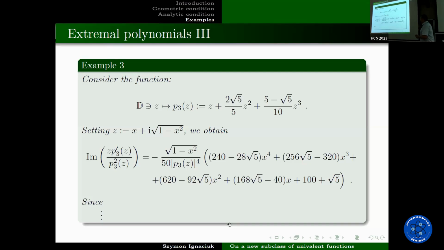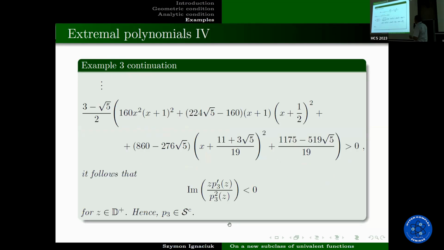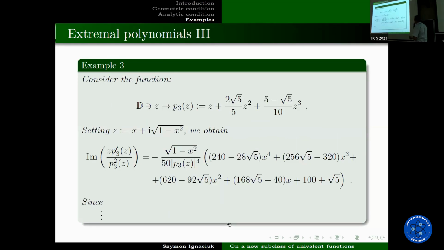We just apply directly our analytic condition, checking this analytic condition. So as you can see, the greater the order of the polynomial, the harder it is to prove that this expression here is positive.